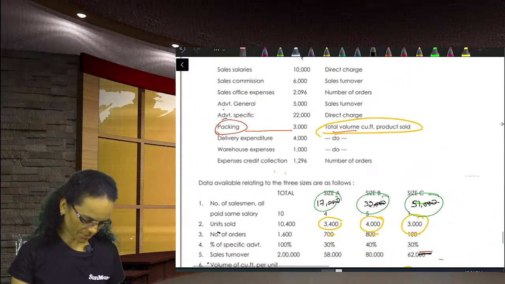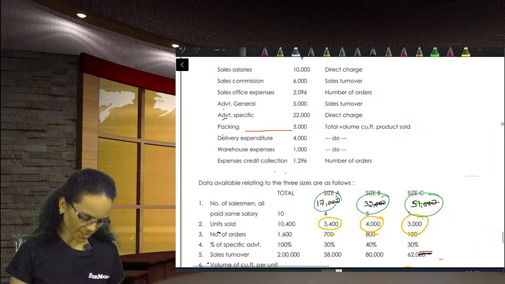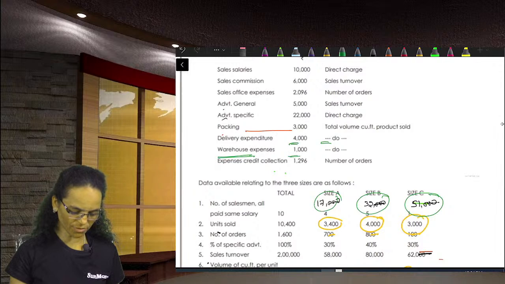Next one, delivery expenditure. This is also same, 4,000, and our warehouse expenditure 1,000.